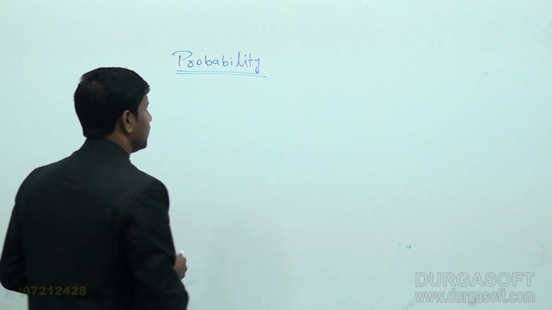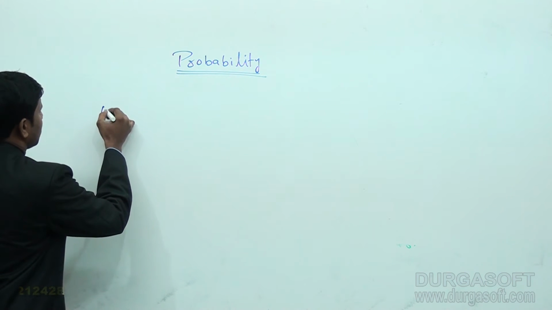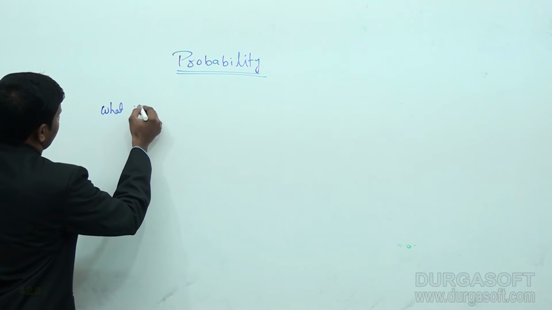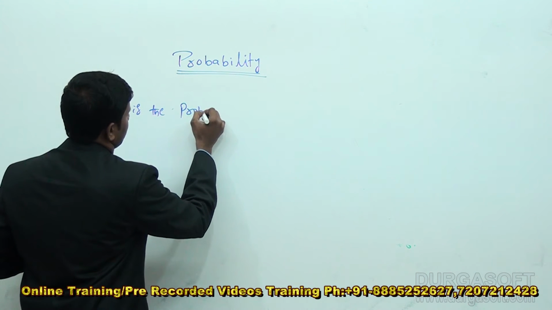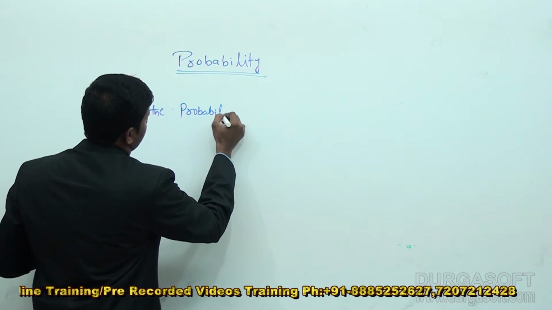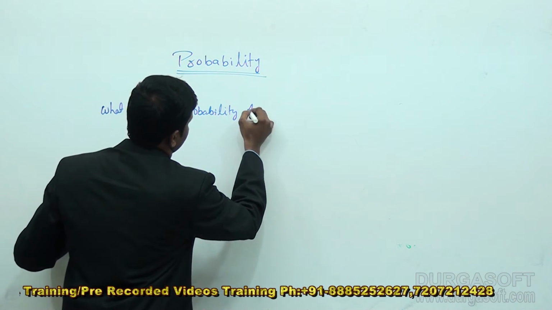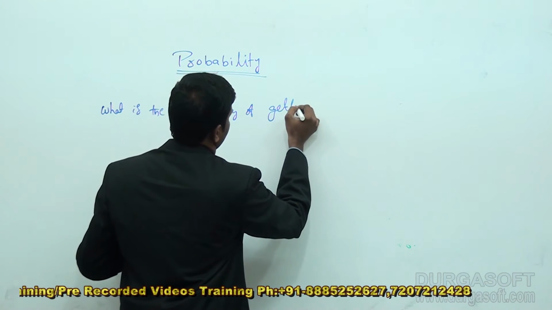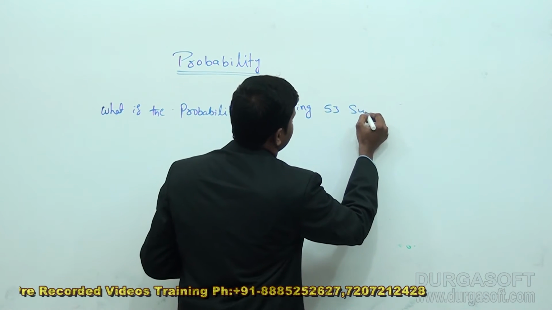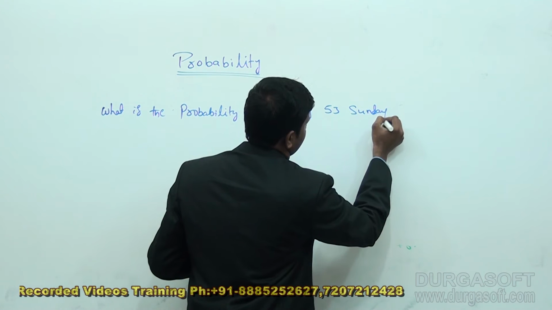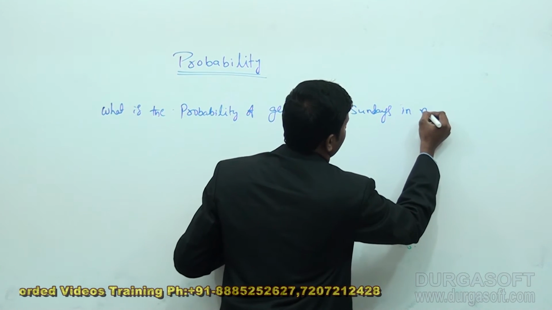Next, suppose the question is: what is the probability of getting 53 Sundays in a normal year?